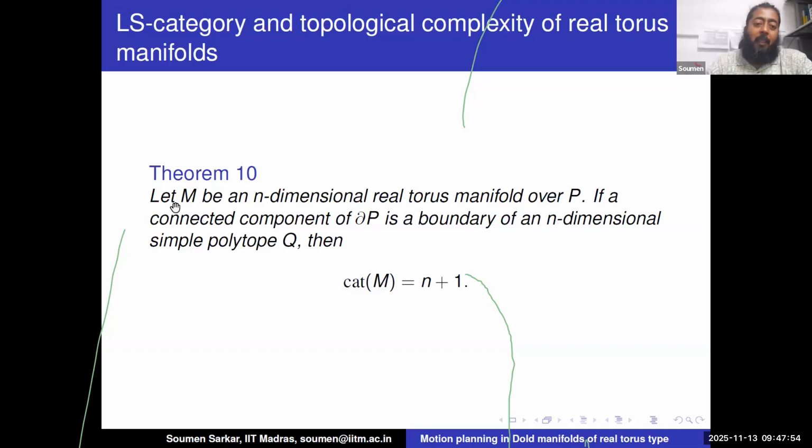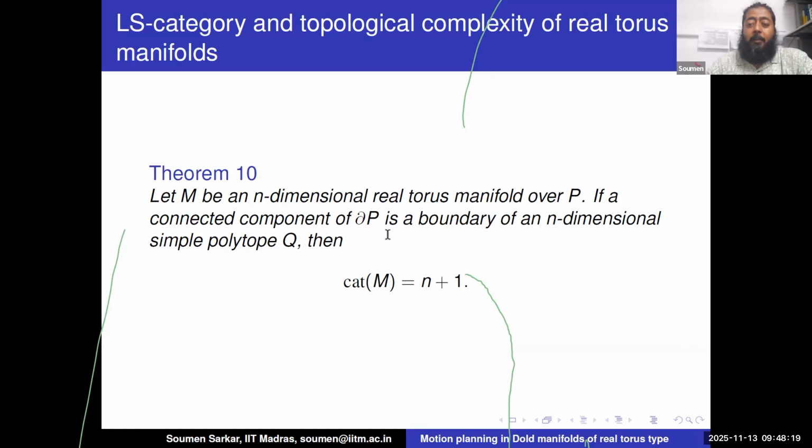In general, we could not answer what the LS category of a real torus manifold should be. However, if we assume that the boundary of the orbit space P contains a simple polytope, then we can have the exact value.